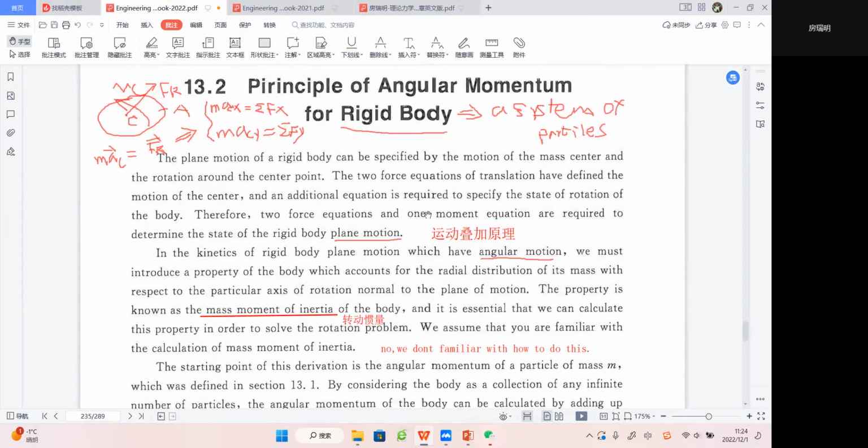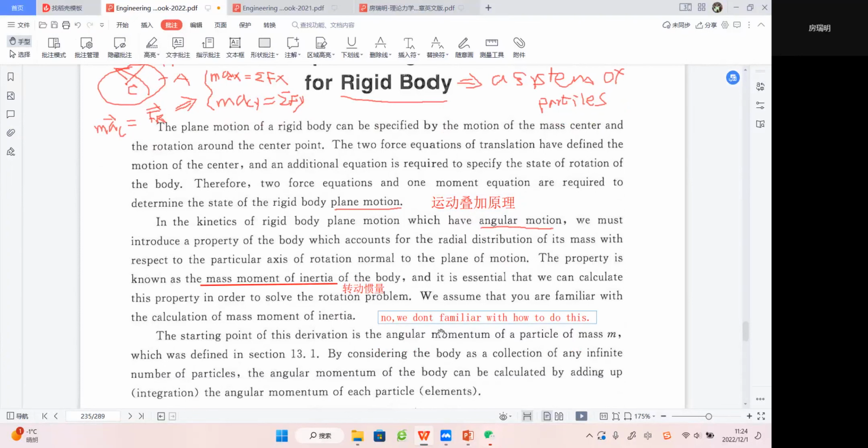It helps us change complicated things into easily understandable things. So please remember the principle of motion superposition.